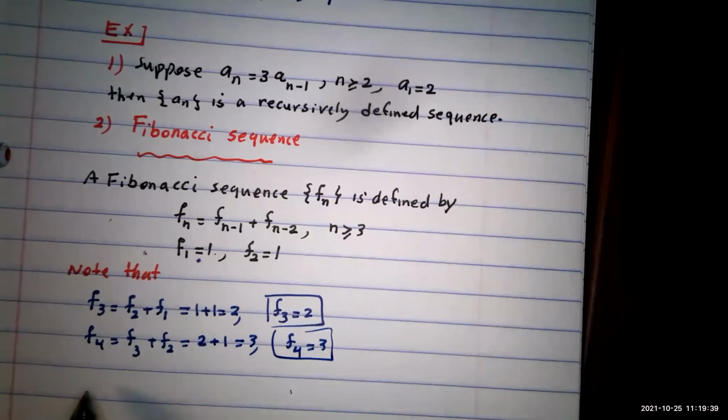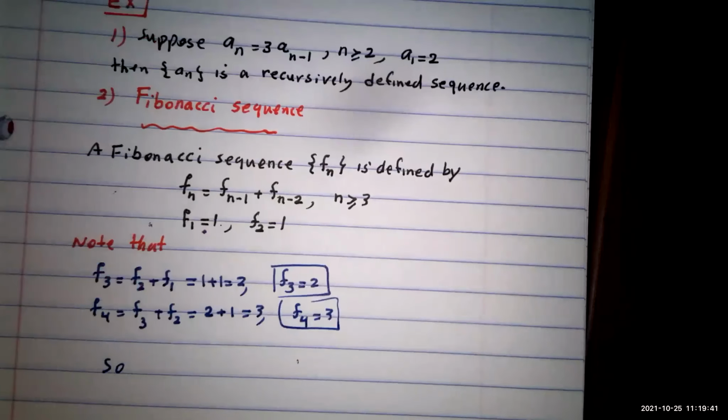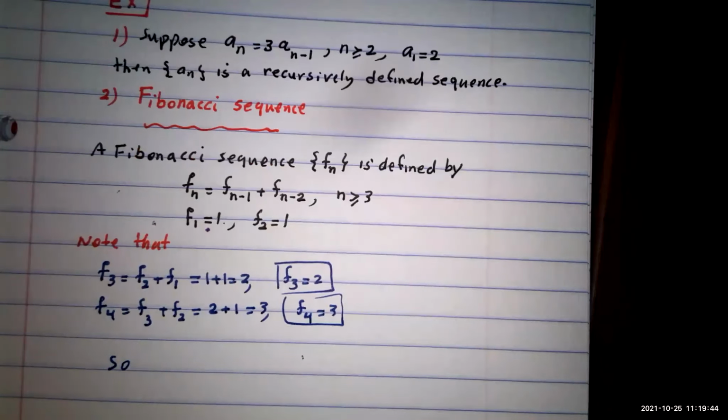Again, we can go on to get all the other terms. So the terms of the sequence, we start with 1, 1. Then you add these 2, that gives you 2. Then you add these previous 2, that gives you 3. 2 and 3 would be 5. 5 and 3 would be 8. 8 and 5 would be 13.